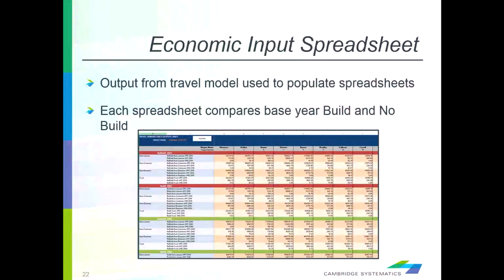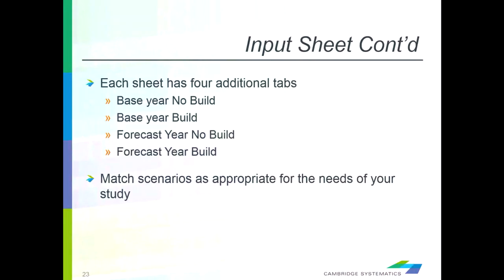Then we take those output DBF files and populate the sheet that Paula was referring to that's used in the FEAT tool. So you'll see the format looks similar. The tool has, in addition to the main tab that shows all the comparisons, four additional tabs to enter and format the input to match.